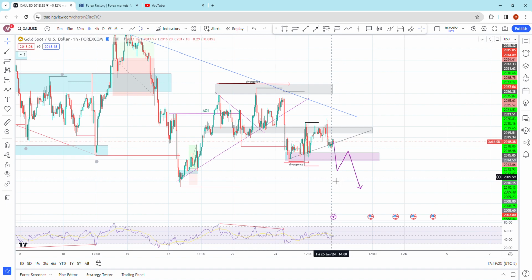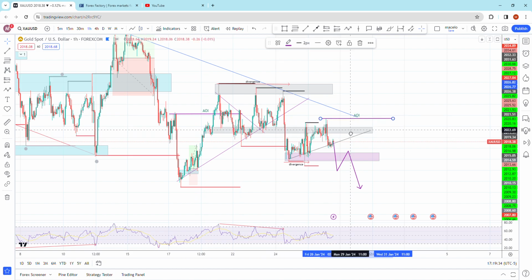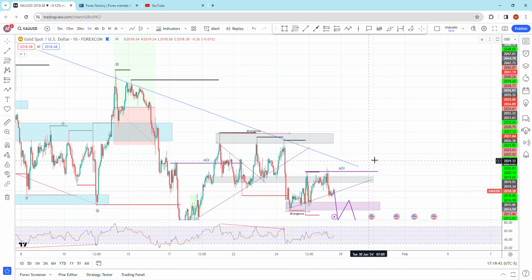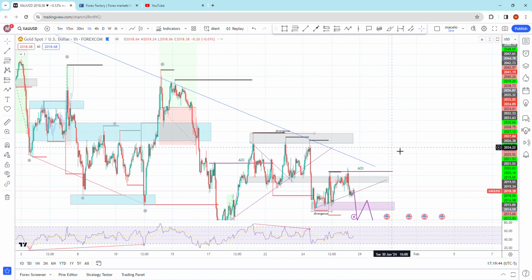If I cannot get that, then what I would wait for would be for price to break this right now. I need to see price break and close above this area. Mind you, we still have a trend line coming all the way from back there.